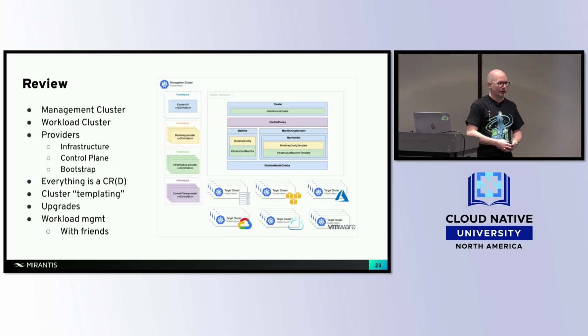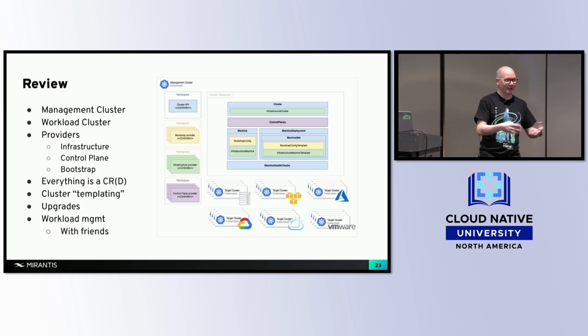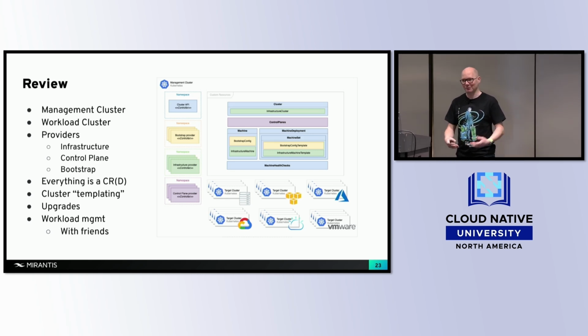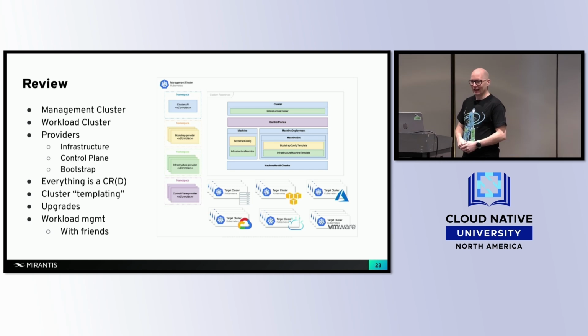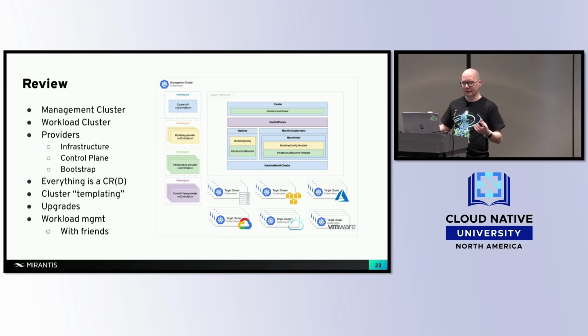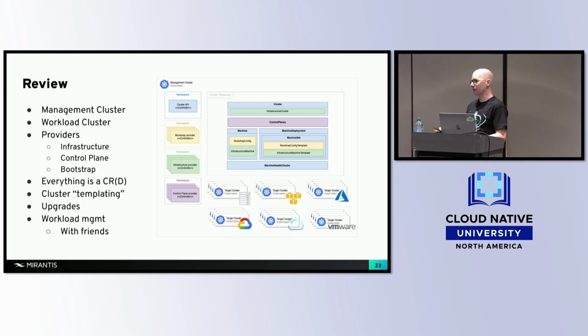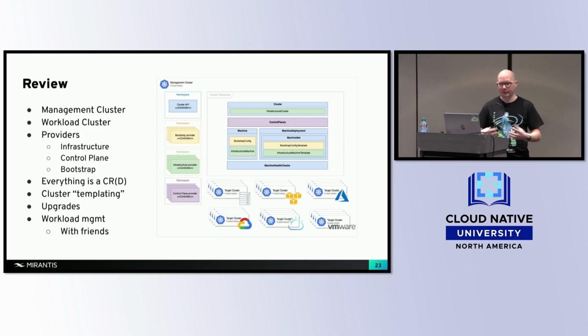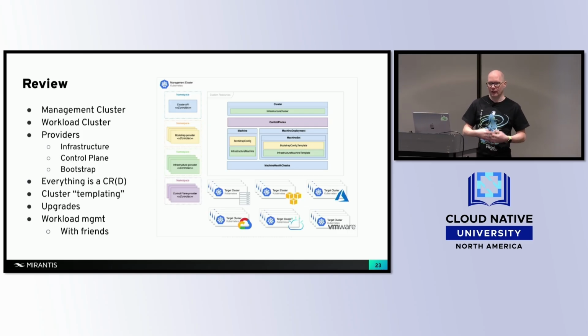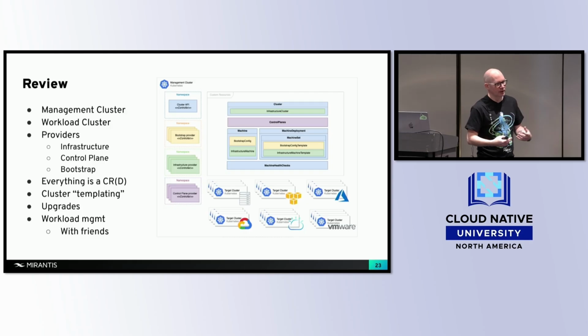Everything is a custom resource, and I'd say that mostly in a positive way. There are various ways of doing cluster templating, which will help you, especially when you're building these platform engineering capabilities. And Cluster API, while being declarative, really helps with day-to-day operations like upgrades and health checks and all that stuff.